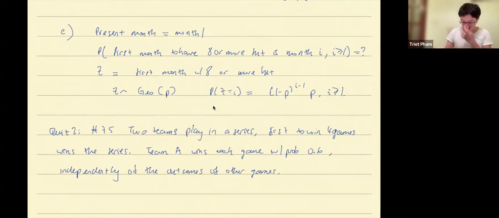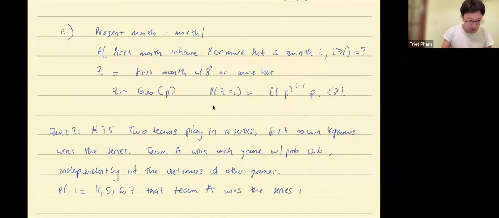And then we want to find the probability, for I equals 4, 5, 6, or 7, so that's 4 questions, that the stronger team, which is team A, wins the series in exactly I games.